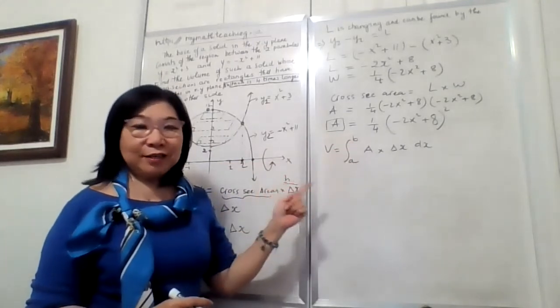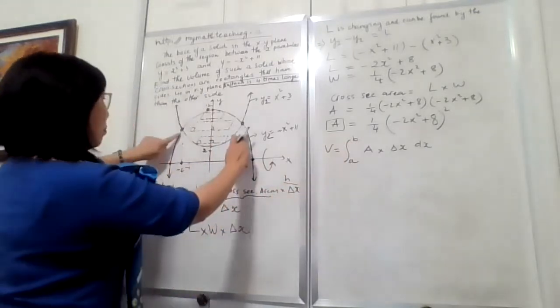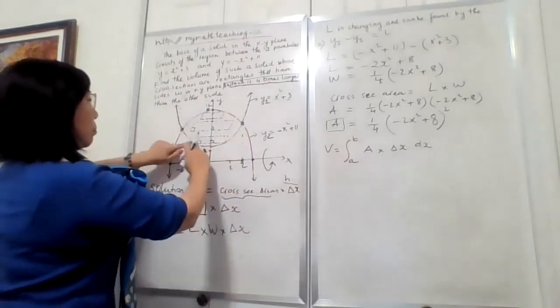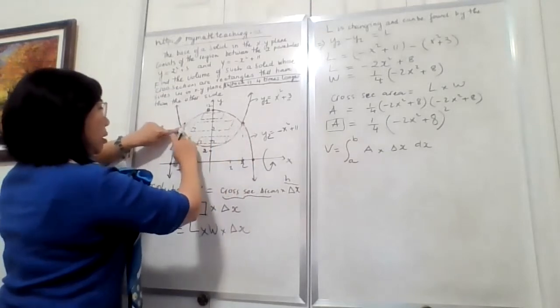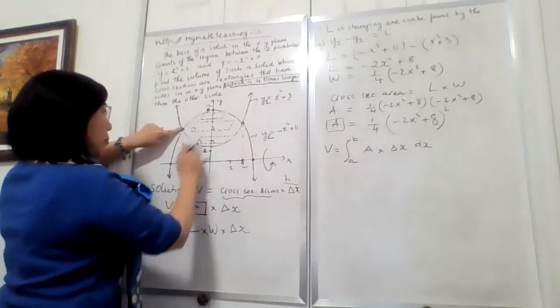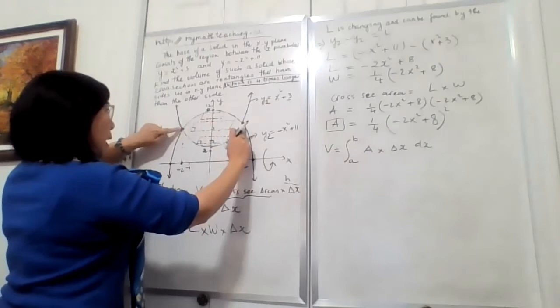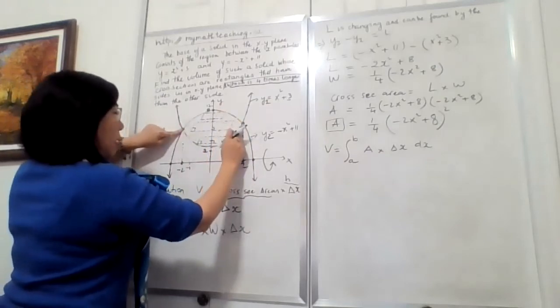But how do we know A and how do we know B? We know it from the intersection between these two curves. So these two curves intersect at 2 points here. That will define the boundary we generate, because we generate this region, bounded by the front point and the end point here.